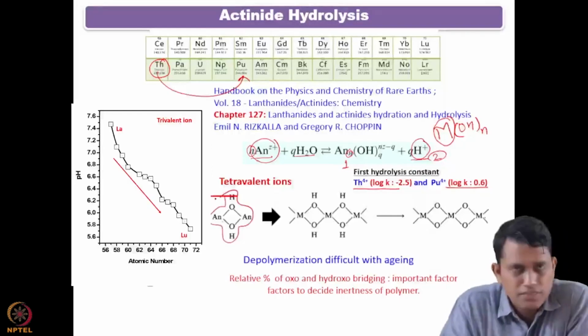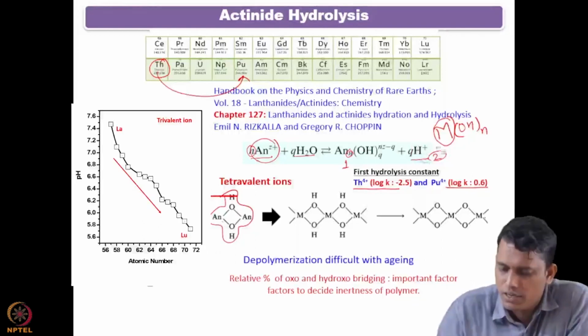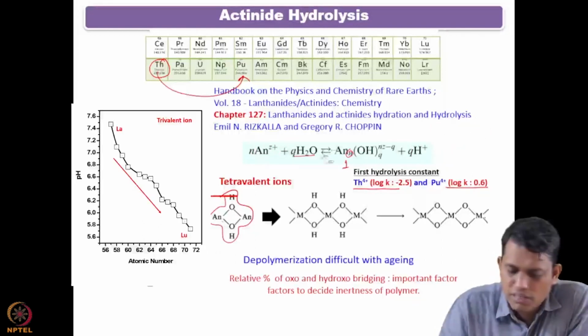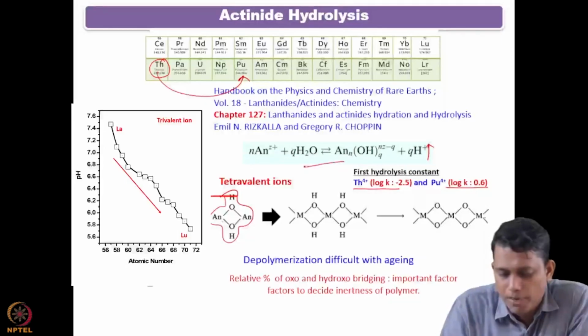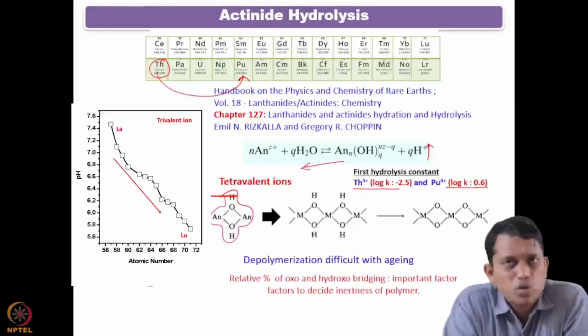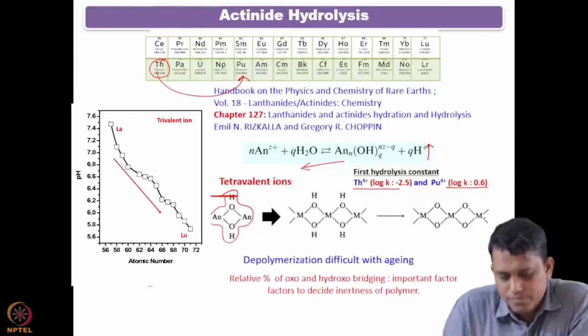They start with this in the very freshly prepared state, and when it is freshly prepared, as I've shown you, with this equilibrium, one can easily understand that if you increase the acidity, you can get back. So when they are freshly prepared and you increase the acidity of the medium, we are able to dissolve them. But what if they get aged? With time, what will happen?